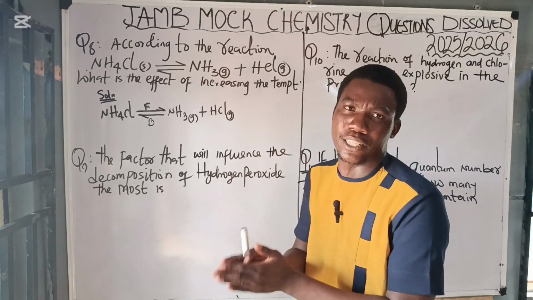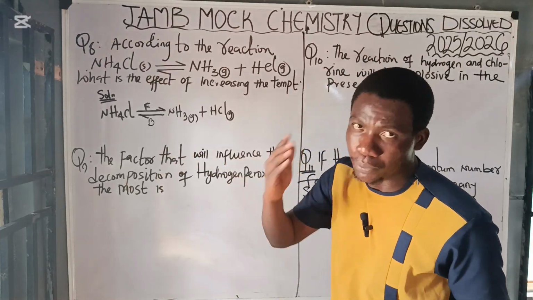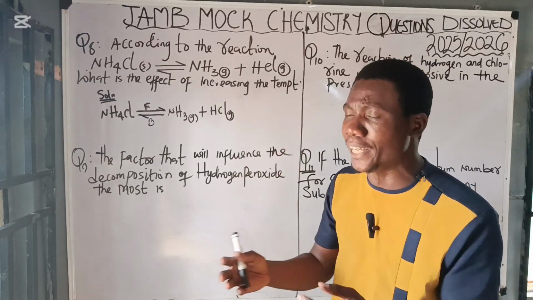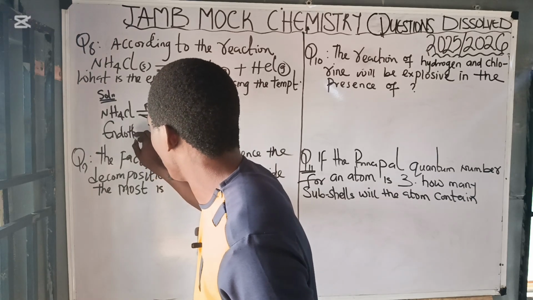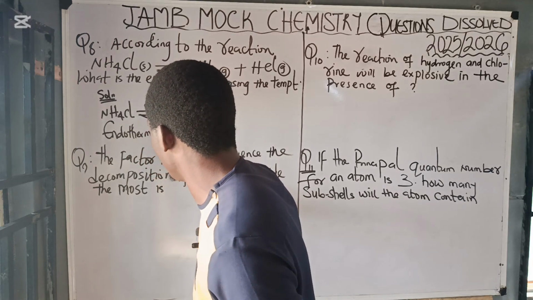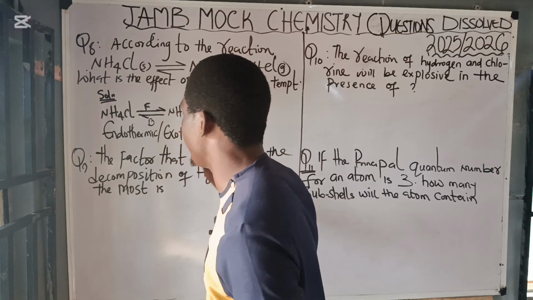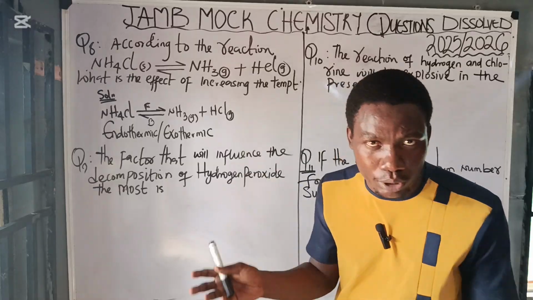They are occurring at the same rate. Okay, now it means that the reaction on the board is reversible, but we have to first of all check if the reaction is endothermic, or the reaction is what? Exothermic.